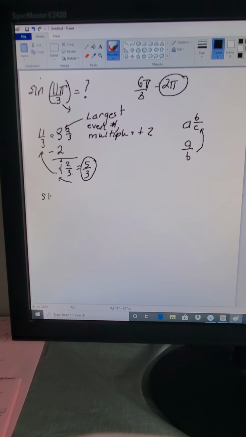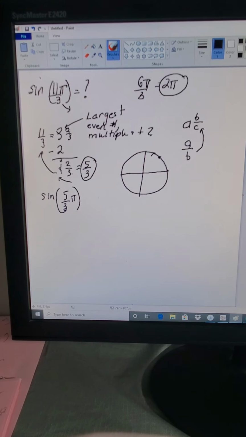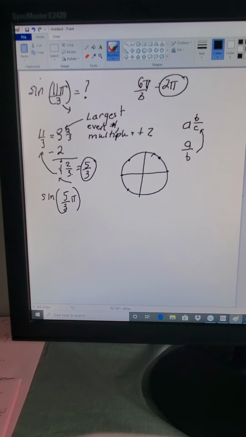So I'm going to go back to where I started. Basically, 11 pi over 3 is the exact same trigonometric point as 5 pi over 3. So 1 pi over 3 is here, 2 pi is here, 3 pi, 4 pi. There we go, 5 pi over 3 would be right here.